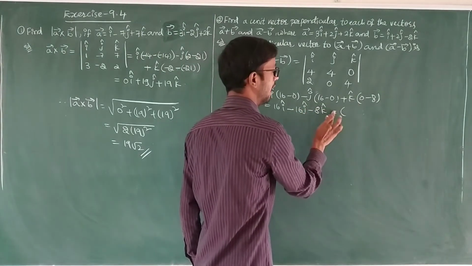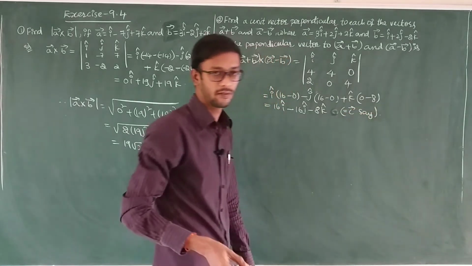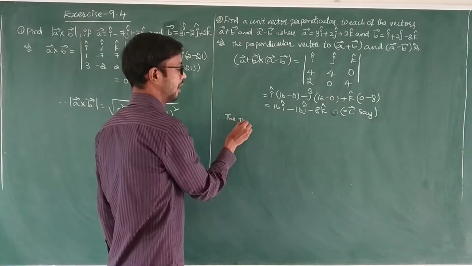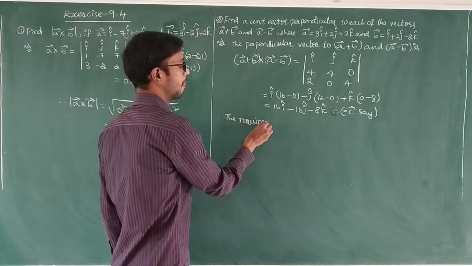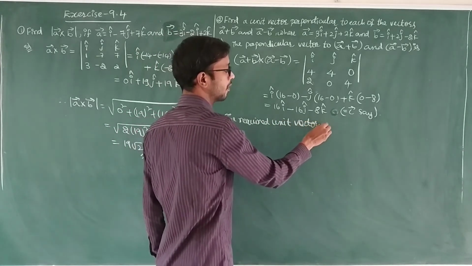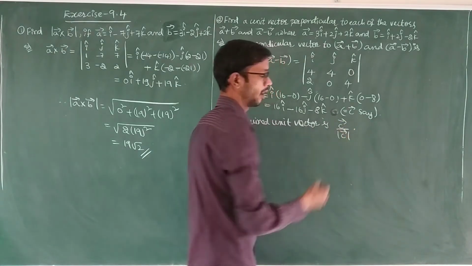This one I am taking as C bar, because we need the unit vector. Therefore, the required unit vector is C bar by magnitude of C bar.